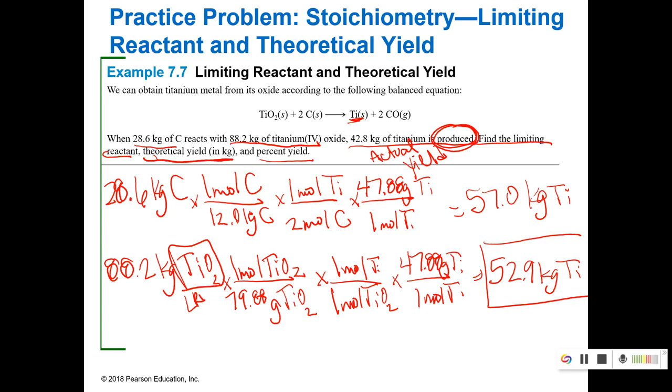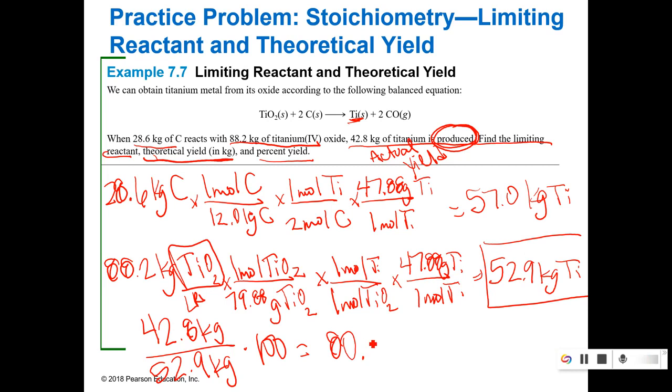Now it wants a percent yield, so it gave me the actual yield, 42.8 kilograms. I put that over my theoretical, 52.9 kilograms, times 100 because it's a percent. And I get 80.9% as my yield.